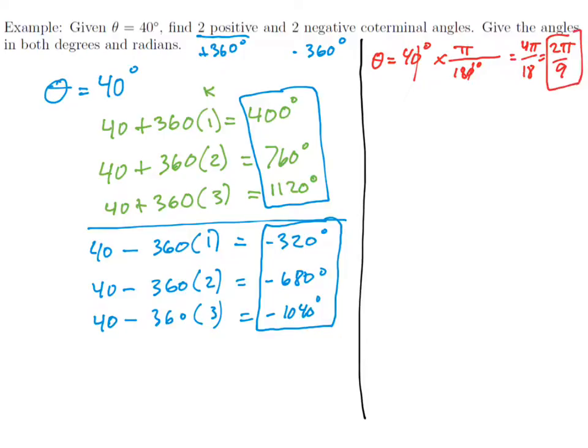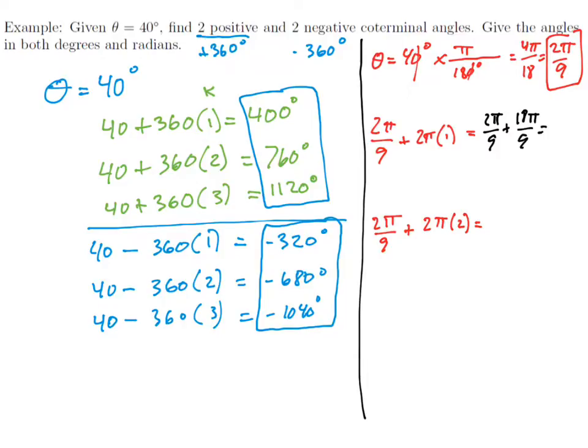So that's going to be the angle we're starting with here. To find the positive coterminal angles, we're going to add copies of 2 pi. Now to do this, we need to get a common denominator. This will be 2 pi over 9 plus 18 pi over 9. We get 20 pi over 9, so that's a first positive coterminal angle.